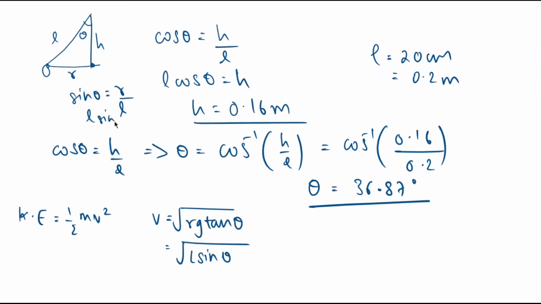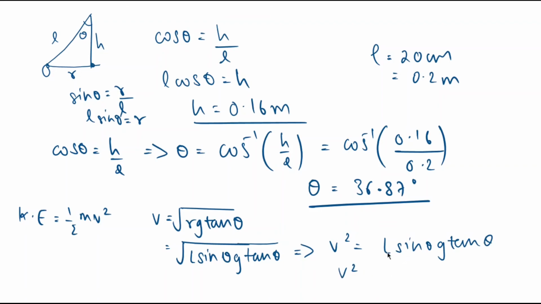So L sin theta will be equal to R. So V square will be equal to L sin theta into g into tan theta. Substituting all the values and calculating, we get V square as 0.9.